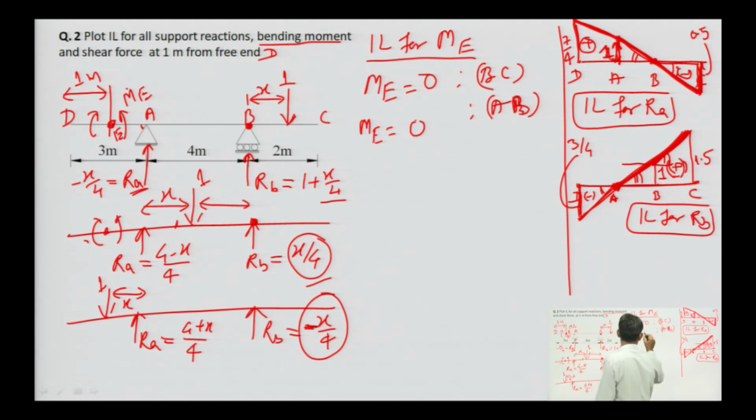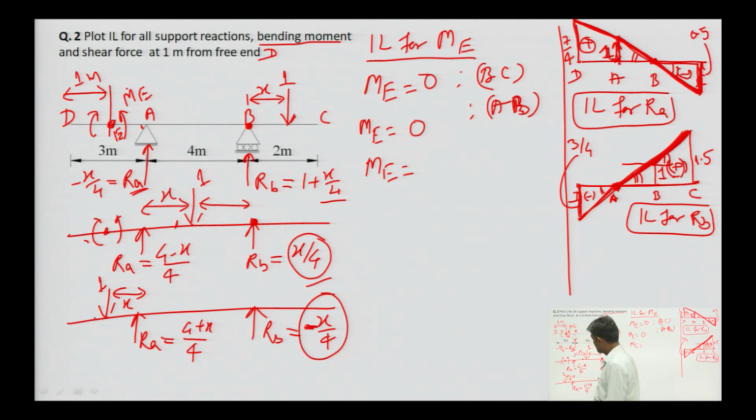So, again it is 0, means for AB and BC bending moment is 0, and for this one segment, at point E here.